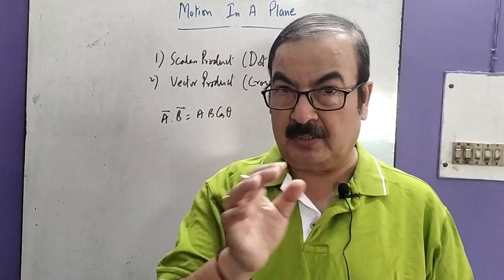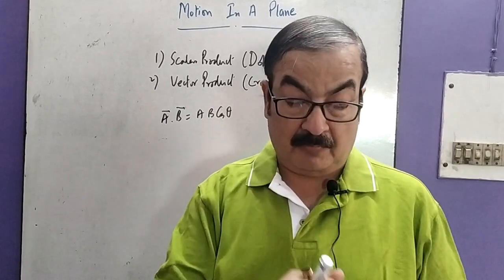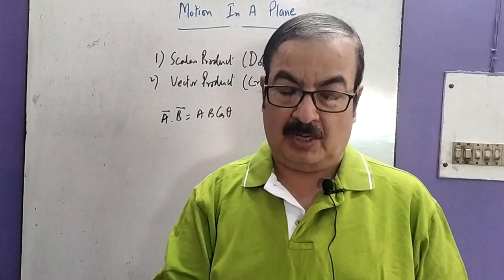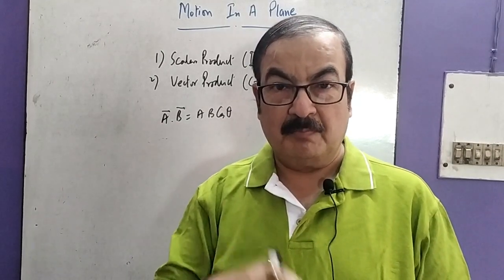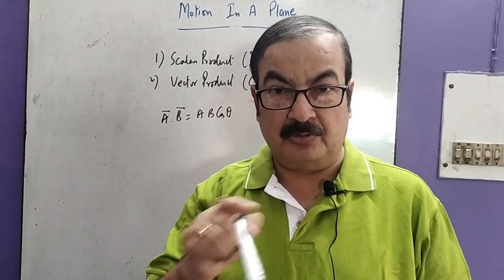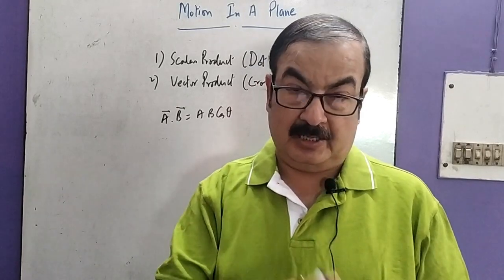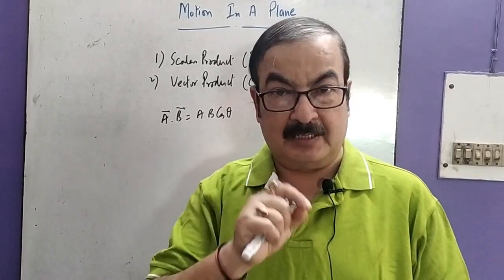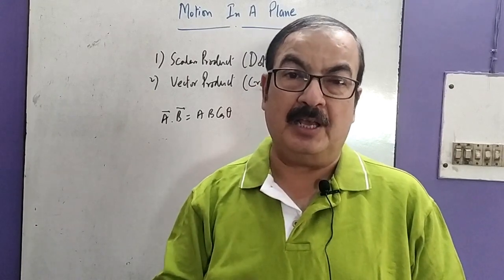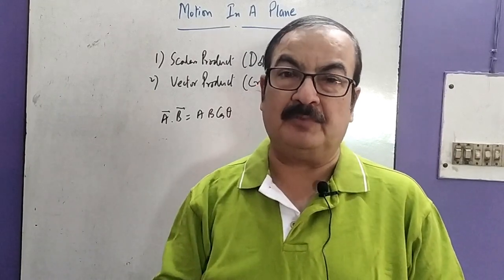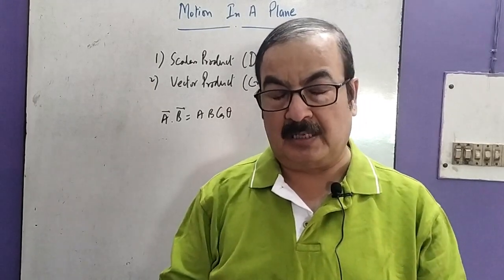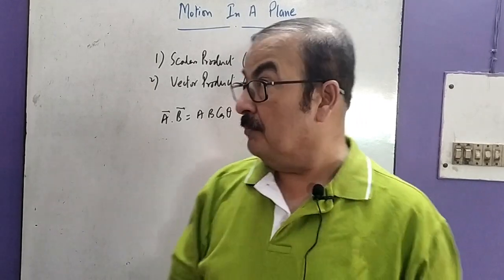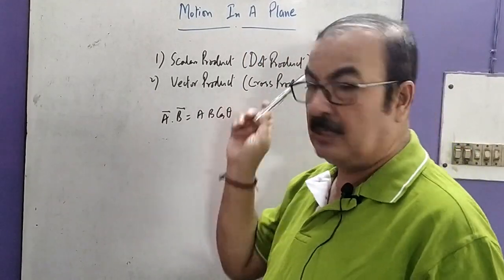Force into displacement may give you the work. The electric flux is phi equal to E dot A, where E is the electric field, a vector quantity, and A is the area vector, which is also a vector quantity. In the same way, magnetic flux is another example of this scalar product. But that is enough for the scalar product.